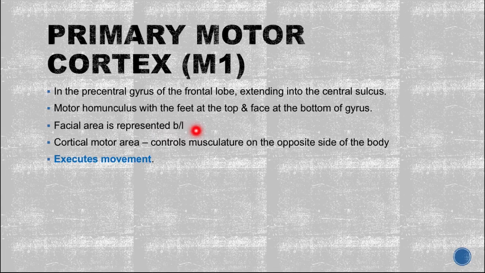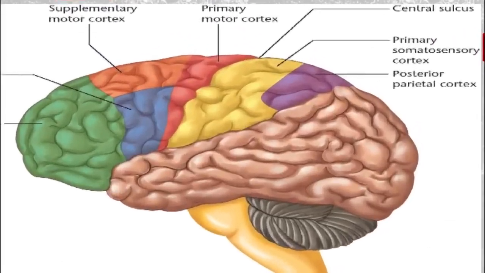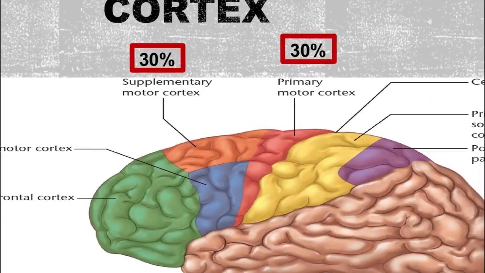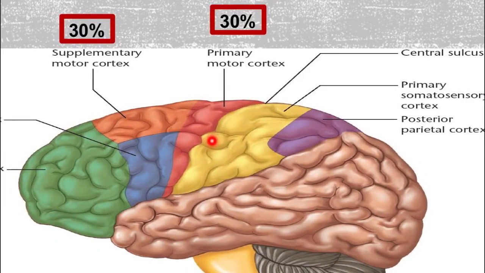represented bilaterally. If we look at this homunculus, first of all this is the central sulcus, in between the yellow and the red one. In front of the central sulcus, the precentral gyrus represents the primary motor cortex, and posterior to the central sulcus, the postcentral gyrus is the primary somatosensory cortex, and behind that there is the posterior parietal cortex, this purple one.